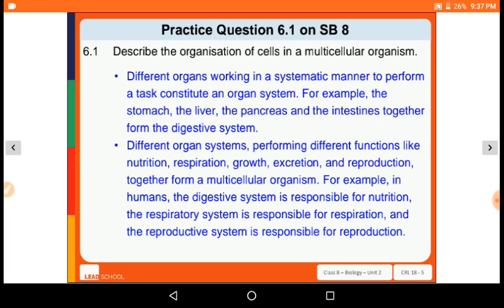तो सभी organ मिलके कोई एक system बनाते हैं जिसको हम particular digestive system कहते हैं. वो एक particular task के लिए ही बनती है.